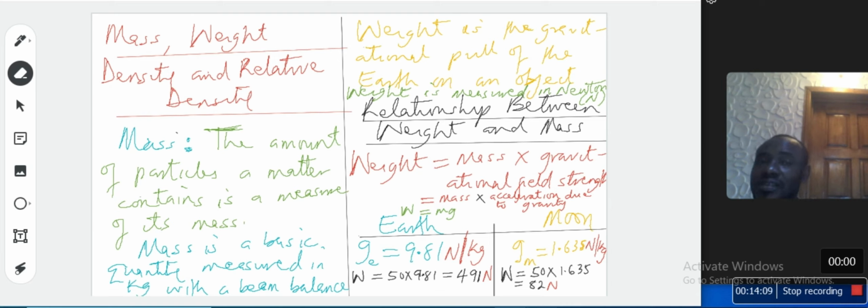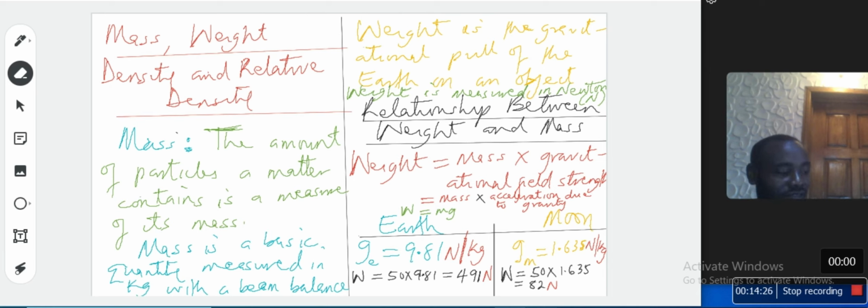Excellent. Mass is a basic quantity. In fact, weight is a derived quantity because it is derived from mass and g. That's one difference. Mass is measured in kilograms, while weight is measured in newtons.